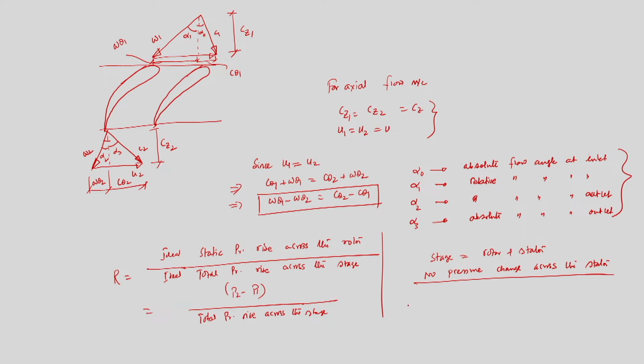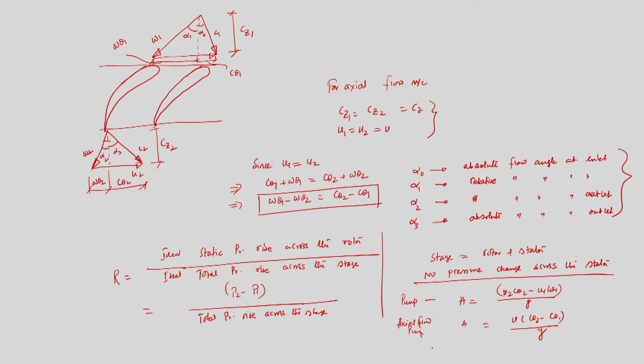Therefore, if I take an example of an axial flow pump, then H is equal to U2 C theta 2 minus U1 C theta 1 by g. For an axial flow pump, H will be equal to U into C theta 2 minus C theta 1 divided by g.